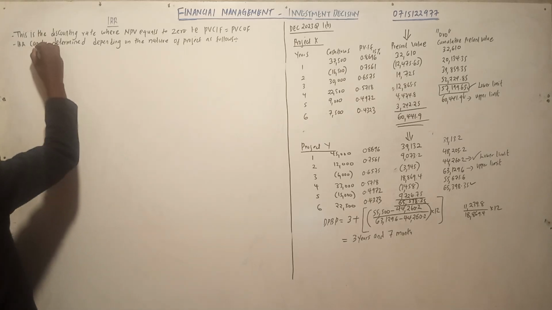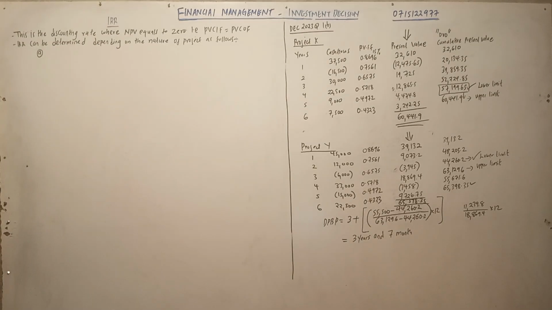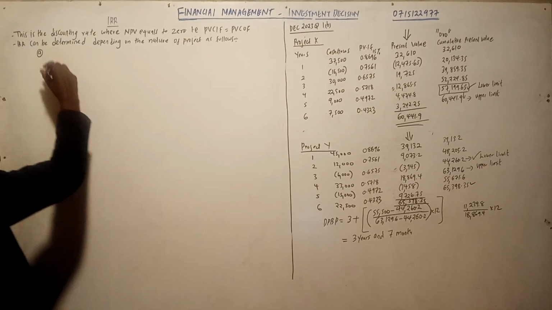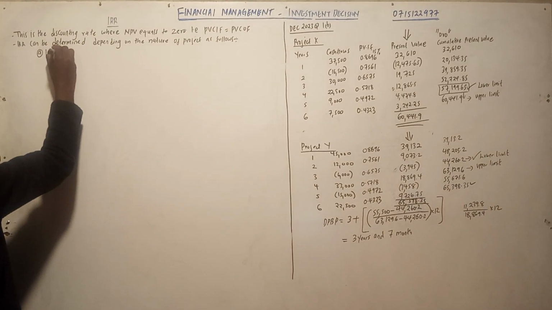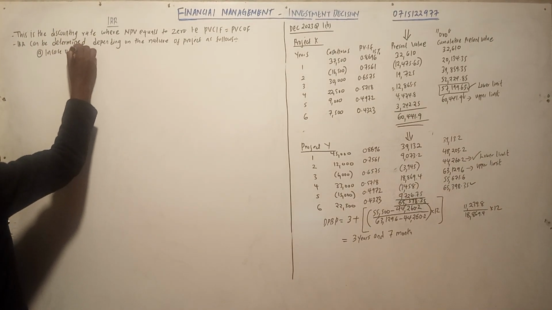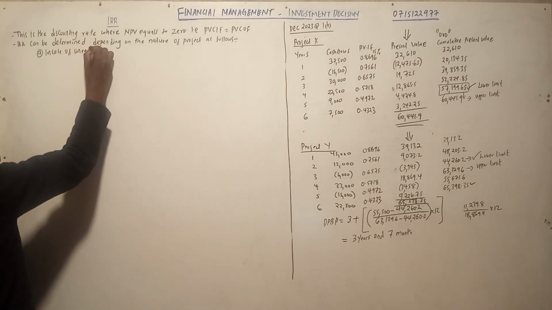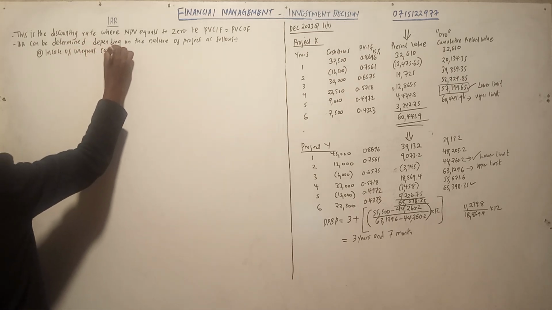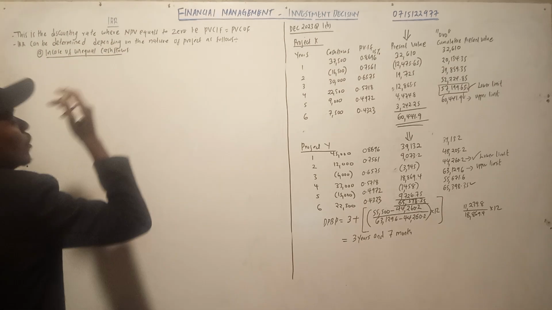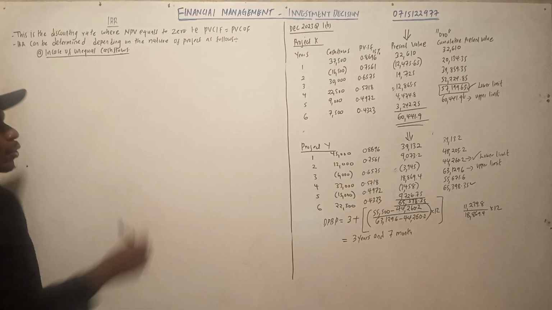Number A, in case of an equal cash flow. So in case of an equal cash flow, how do you compute IRR?